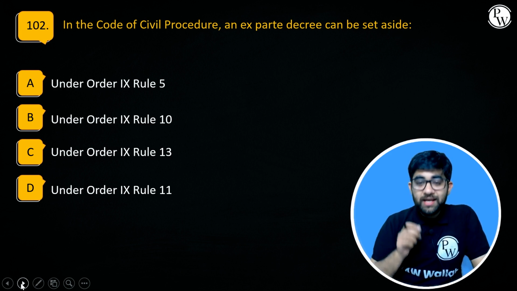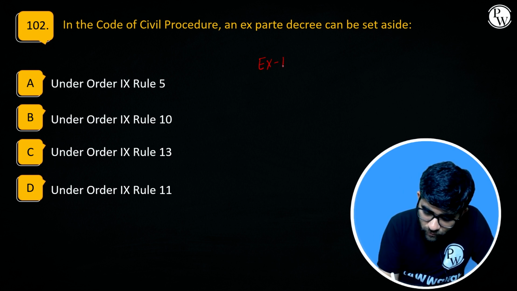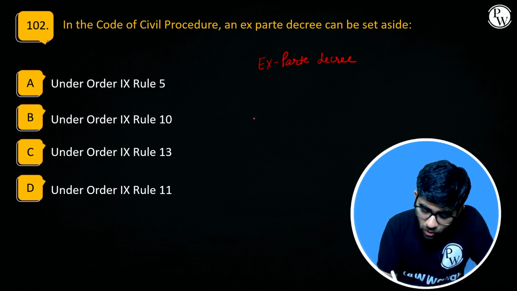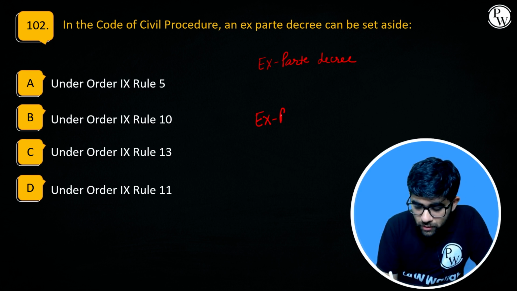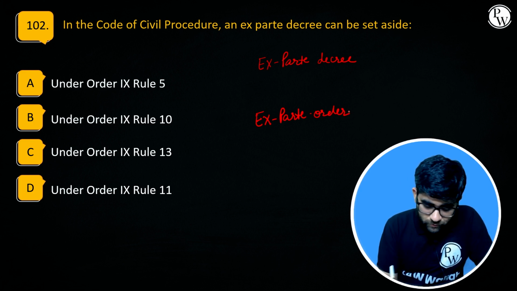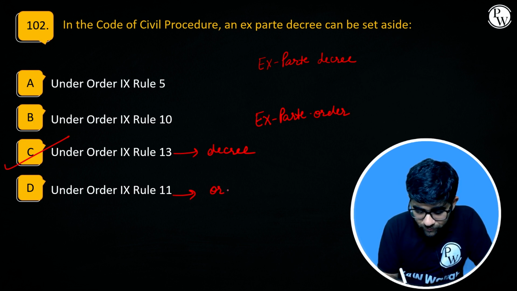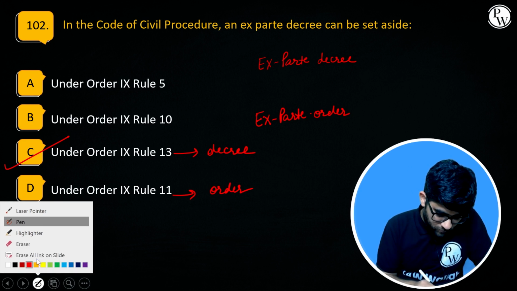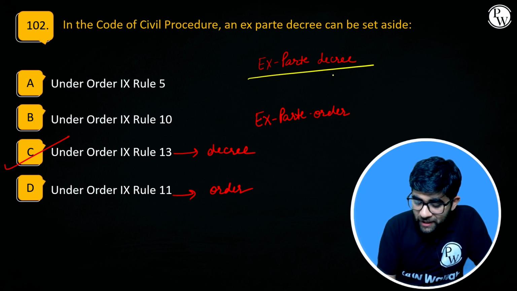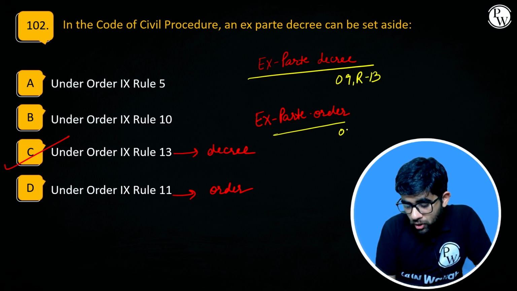So the answer to this is C. It can be an ex parte decree or an ex parte order. If it's an ex parte decree, then Order 9 Rule 13. If it's an order, then Order 9 Rule 11.